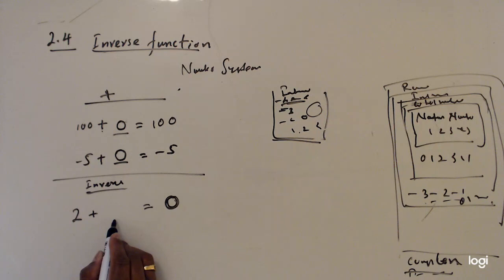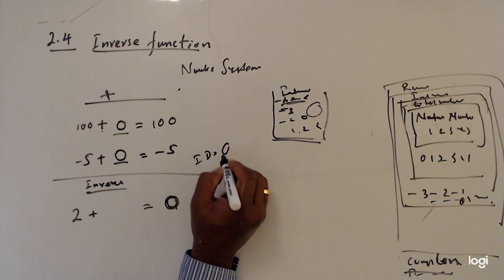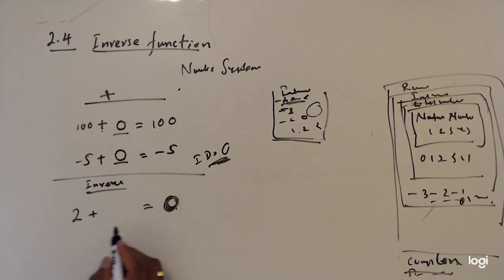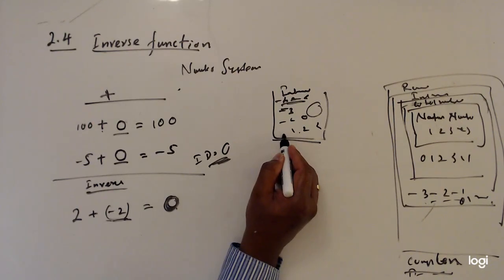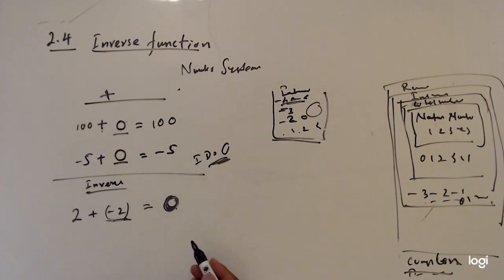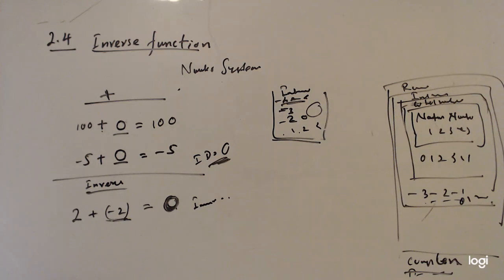To get 0, to get the identity, so here the ID is 0, what should you have? You should have minus 2 here. Is minus 2 in this pot? Yes, minus 2 is in this pot. Hence, it has an inverse. So 2 has an inverse, that is minus 2, under addition.